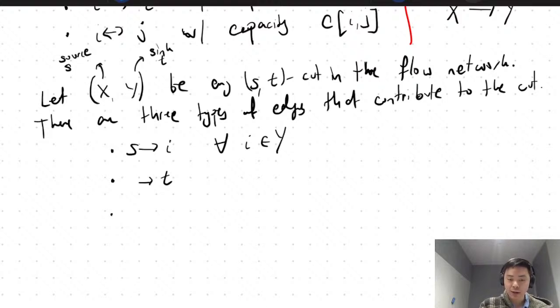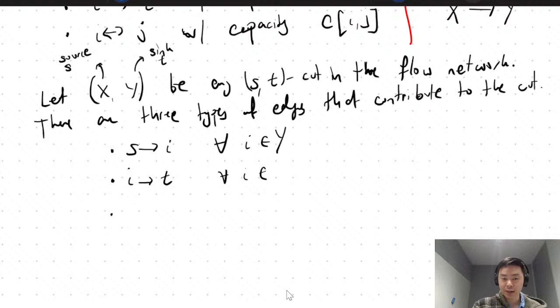Where does i belong then? I needs to be in a specific set. And i to j. For what values of i and what values of j?